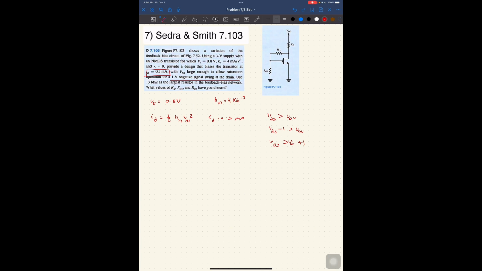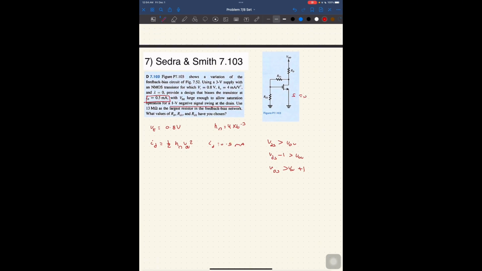Okay, so where do I proceed from here? Well, I understand that S is equal to 0, so anything that has to do with S I can just remove. So VD is greater than VOV plus 1, and VOV is equal to VGS minus VT, which is equal to VG minus VT. That's my value for VOV.